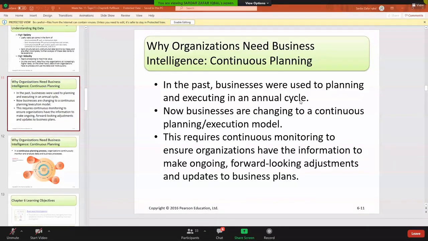And of course, you need continuous monitoring to ensure organizations have the information to make ongoing forward-looking adjustments and updates to business plans. You plan, you monitor, you analyze, and you manage. This is continuous planning.